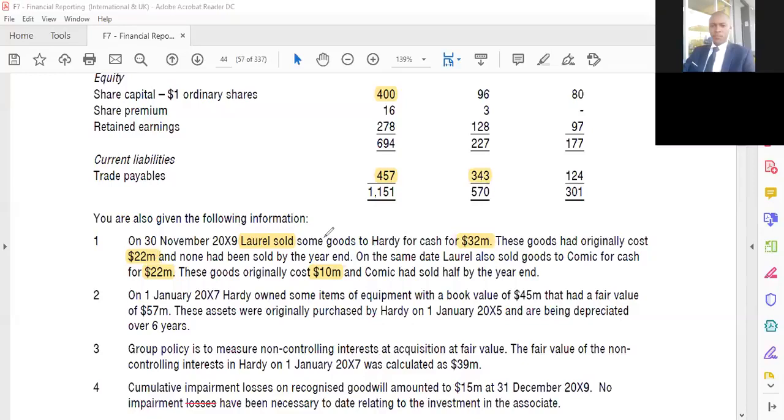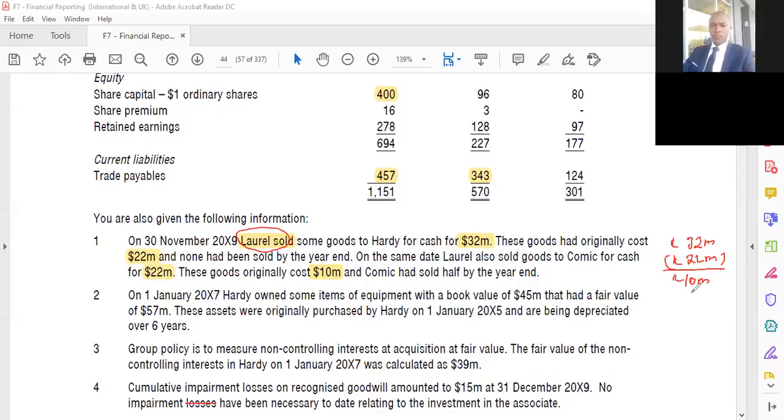The parent is selling. He sold how much? The price was 32 million, but the goods were worth 22 million, which means the parent made a profit of how much? Of 10 million kwacha.